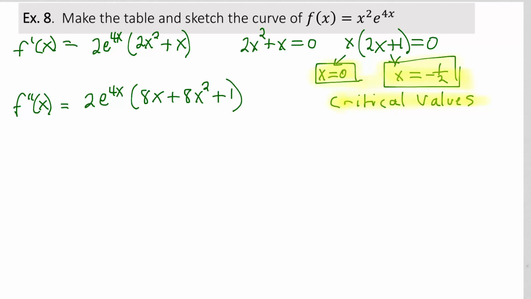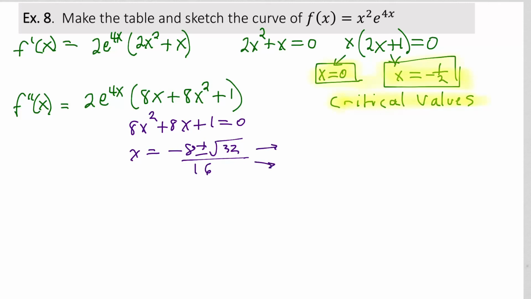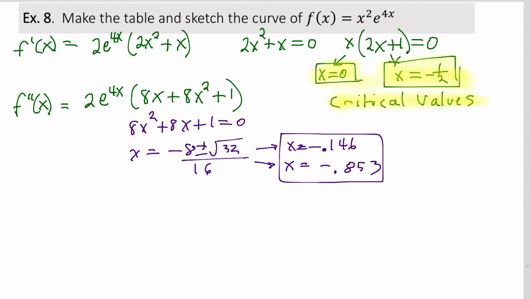So if I solve 8x squared plus 8x plus 1 is equal to 0 using quadratic formula, I'm going to get that x is equal to negative 8 plus or minus root 32 over 16, which is going to give me x is equal to negative 0.146 and x is equal to negative 0.853. So these are my inflection points.